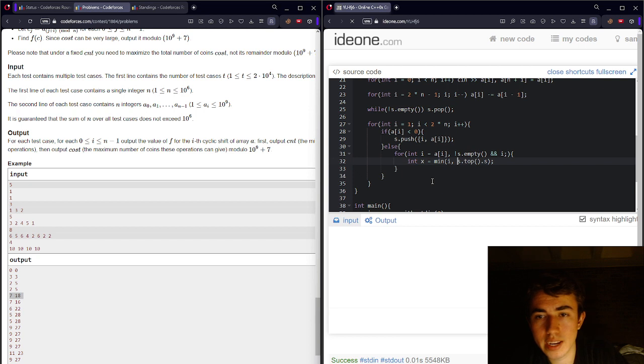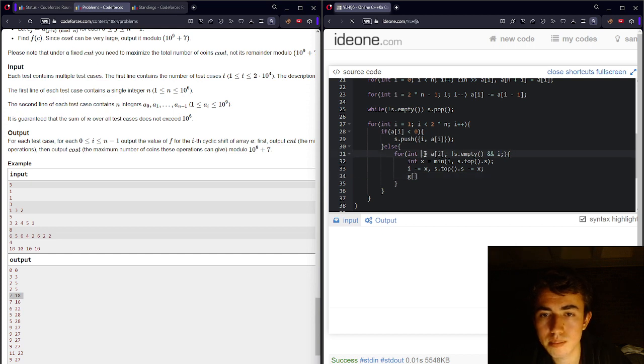Min of I dot s I is x. G of, this should not be, this should be J. Really, let's make this X, and it's Y, and then X minus equals Y, and this minus equals Y. G of I, push back.